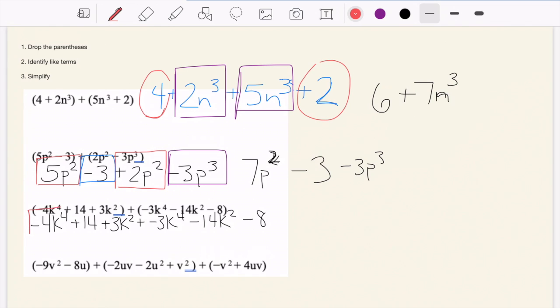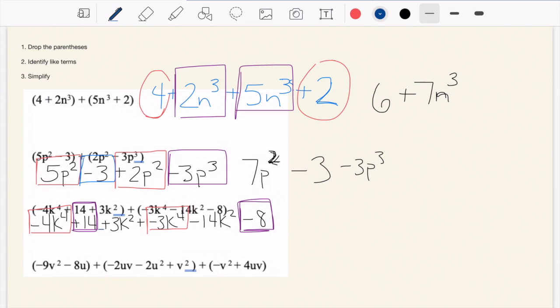Negative 4k to the 4th. We're looking for anything else with k to the 4th in it. We have negative 3k to the 4th. Then we have 14 by itself, so looking for any other numbers by themselves. We have negative 8. Again, remember to take the sign in front of it. If it's negative 8, you want to make sure you take that negative sign with it.